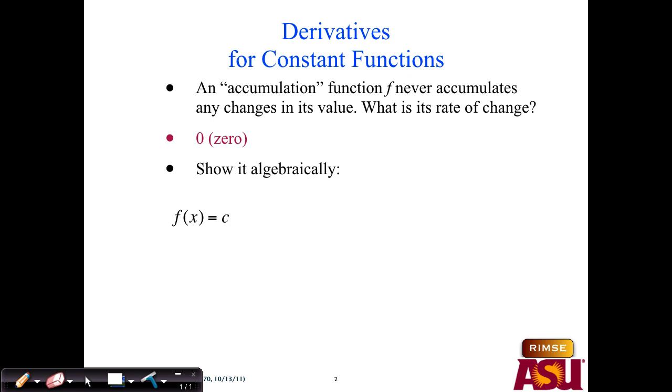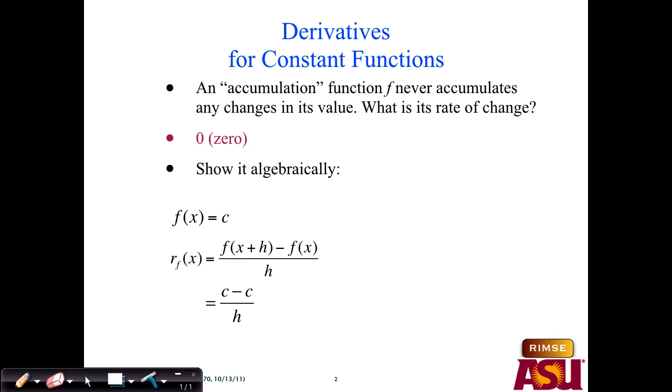So if f of x equals c, what's f of x plus h? Well, to find f of x plus h, we normally replace the x expression in the function rule with an x plus h. As there is no x, there's not really anything to replace. So if I'm trying to write out this expression to find the rate of change of this function, f of x plus h, f of anything is going to be c. F of x plus h is c, f of x is c, it's always c.